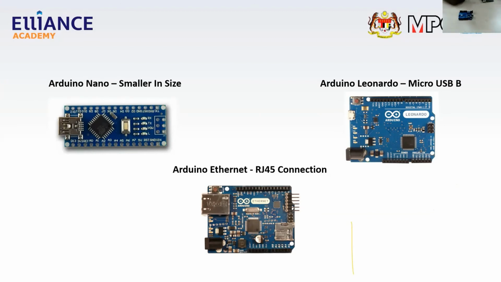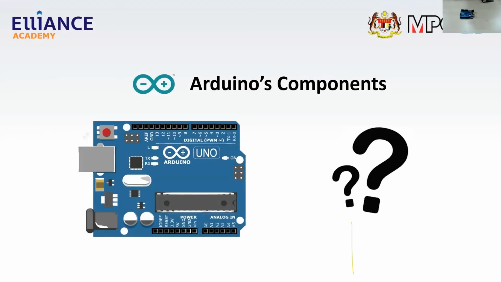The only difference is the USB. And then finally, we have the Ethernet. This is used to support wired connection, with an RJ45 connection for your Ethernet cable here. Okay, now let's take a look at some important components of Arduino and their functions.